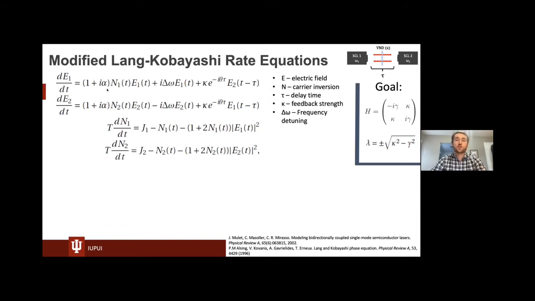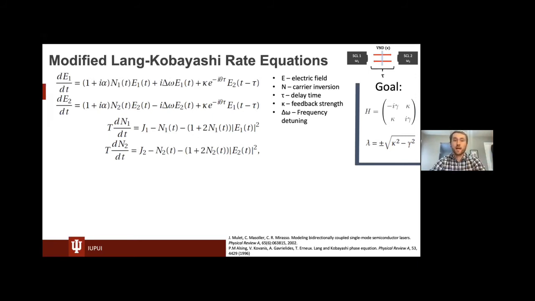So just explaining what some of these letters mean, E describes the electric fields in lasers 1 and 2. N are the carrier inversions in lasers 1 and 2. This delta omega term here is the frequency detuning between laser 1 and laser 2. So their frequencies are mismatched, and the measure of that mismatch is this delta omega parameter.